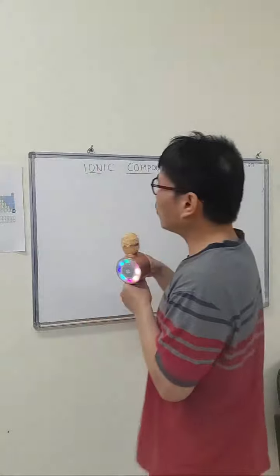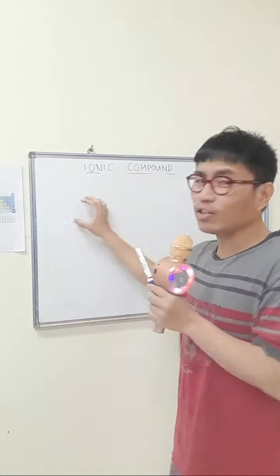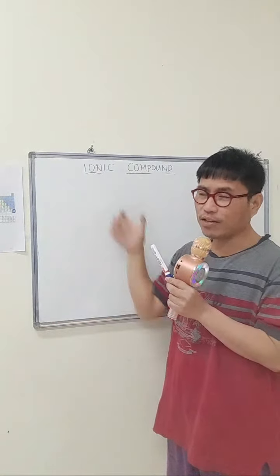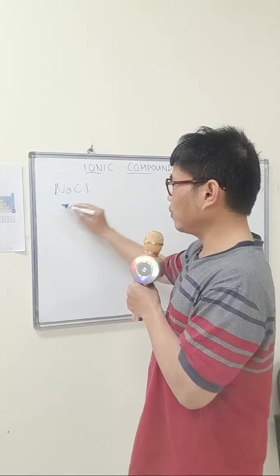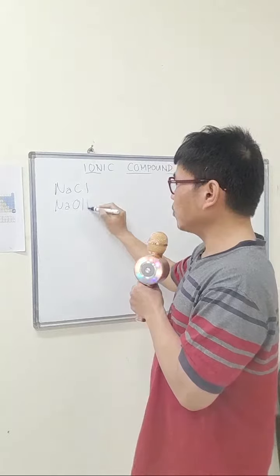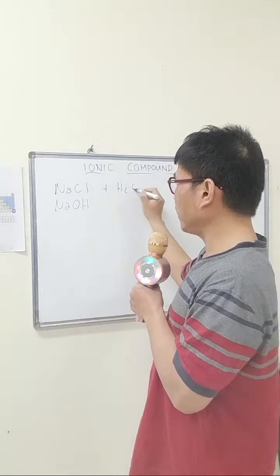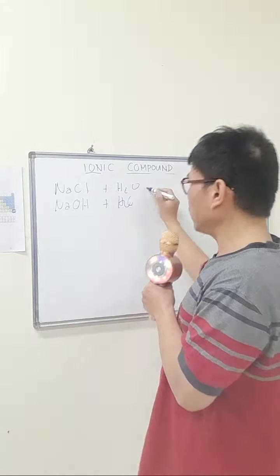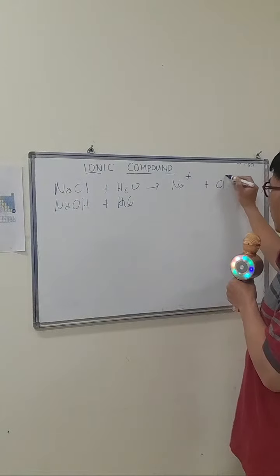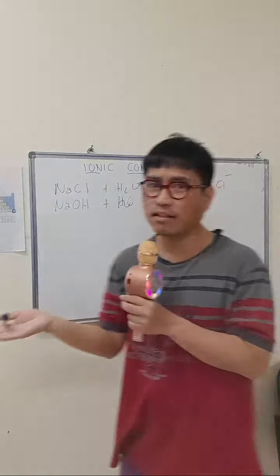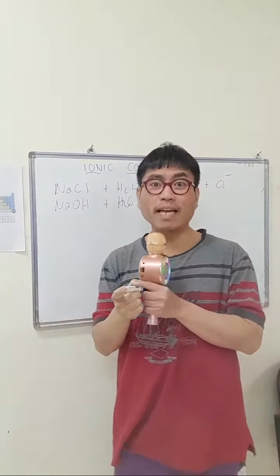So you add water and then it will dissociate into the charges. For example, I have sodium chloride and sodium hydroxide. If I add water to both, sodium chloride will become sodium positive plus chlorine negative when you dissociate it in the solution by adding water.